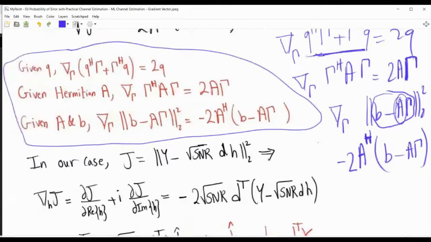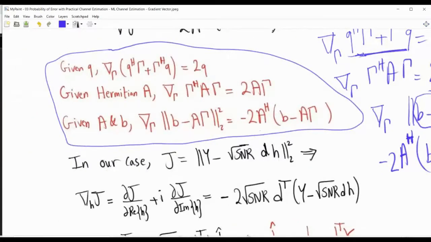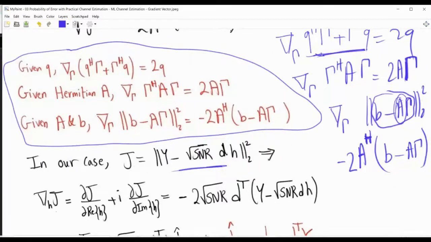So in my case here, this is what we have, and so what is the partial derivative? It's written here, but let me do it. We want basically this quantity here.